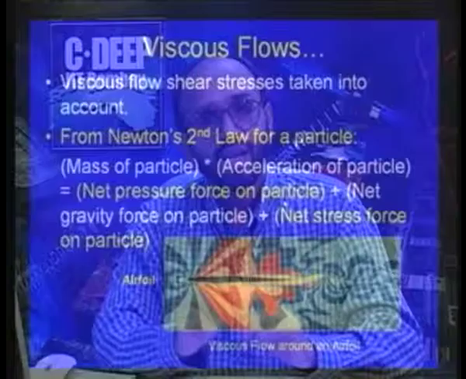So, using Newton's second law for a particle in viscous flows, mass times acceleration of the particle equals net pressure force plus net gravity force plus net stress force on the particle. This stress force can be shear stress or normal stress or the pressure force, depending upon the case.